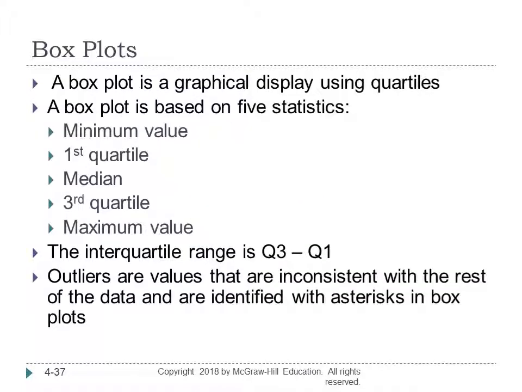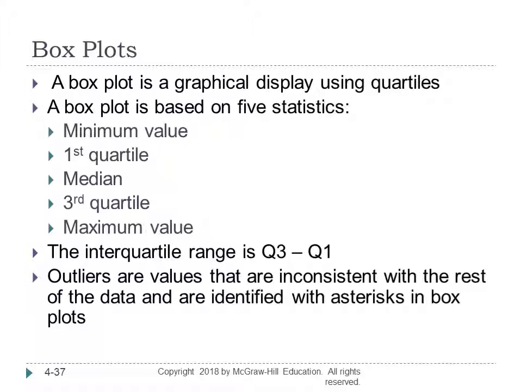Next, we would like to look at box plots, and these are graphical displays. What we use them for is to summarize 5 different statistics, starting with the minimum value, first quartile, the median, third quartile, and the maximum value.